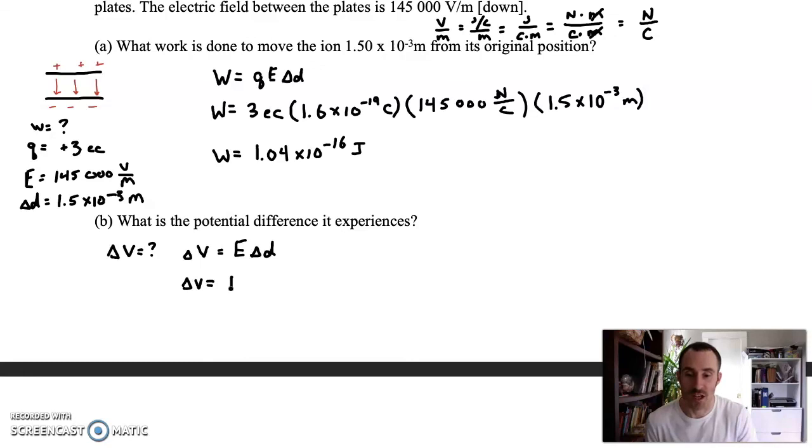Potential difference equals 145,000 volts per meter times the displacement, 1.5 times 10 to the negative 3 meters. And when I multiply those two things together, I get 218 volts.